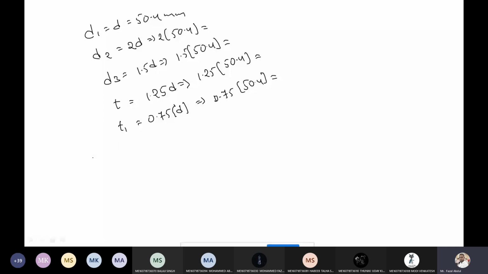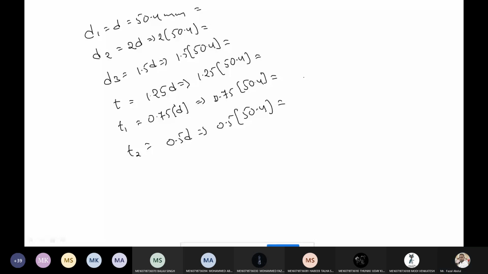Now t2 is the thickness of the pin head, 0.5 into D, 0.5 into 50.4. Now tell me one by one: D2 value how much, D3 value how much, t value, t1 value, t2 value.